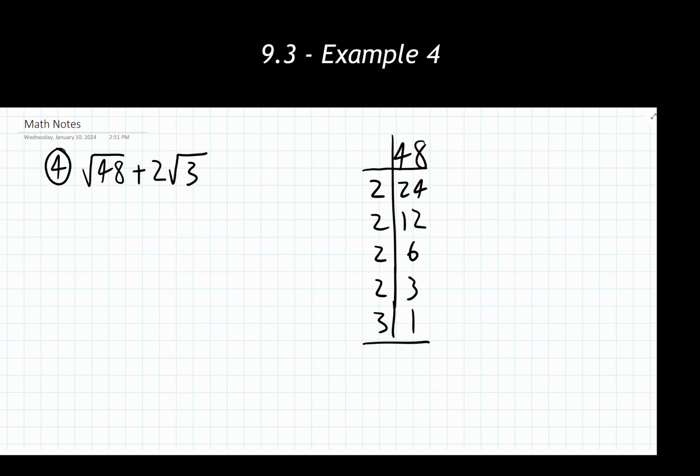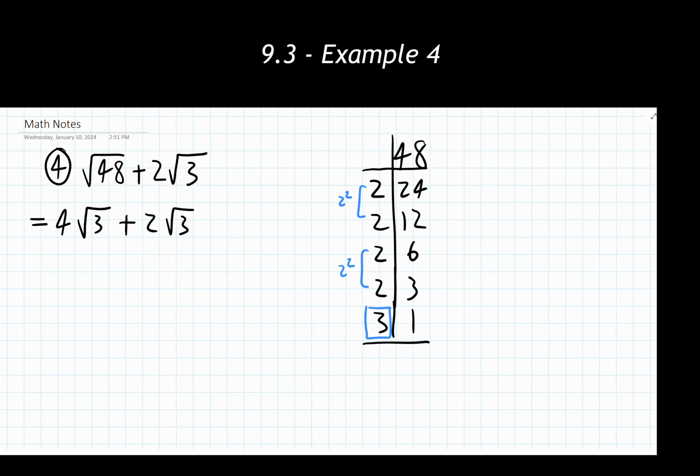I'm seeing that I have 2 perfect squares showing up here, then I have a leftover 3 inside as well. So these 2 perfect squares, square root of 2 and square root of 2, are going to come out front, multiplying together, which is going to give me 4 times the square root of 3 plus 2 times the square root of 3. Nothing changed with the second radical. It's already as simplified as it can be, so I'll just leave it there as it is.